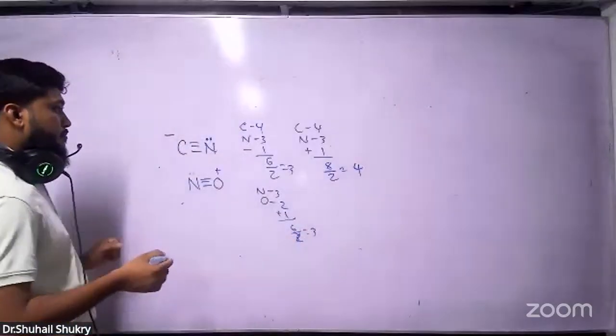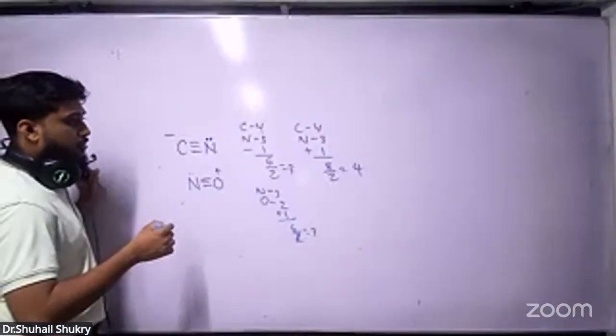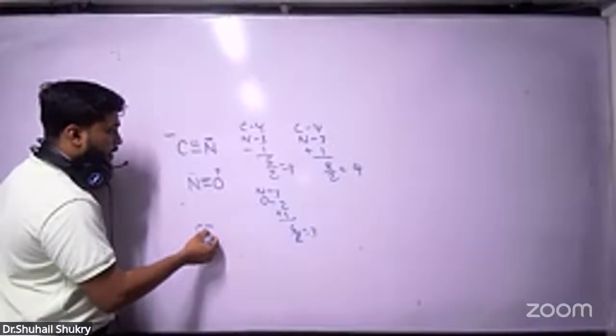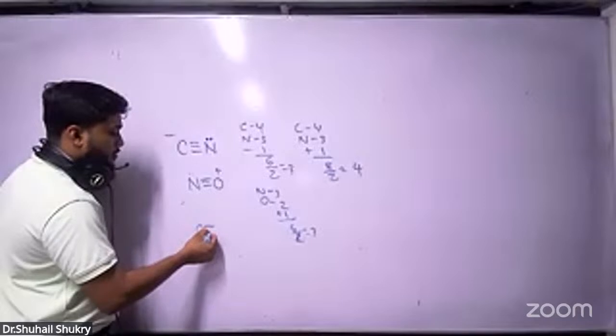So CN plus, you can make up to 4 bonds. Okay, but between carbon and nitrogen, what is the maximum number of bonds you can make?